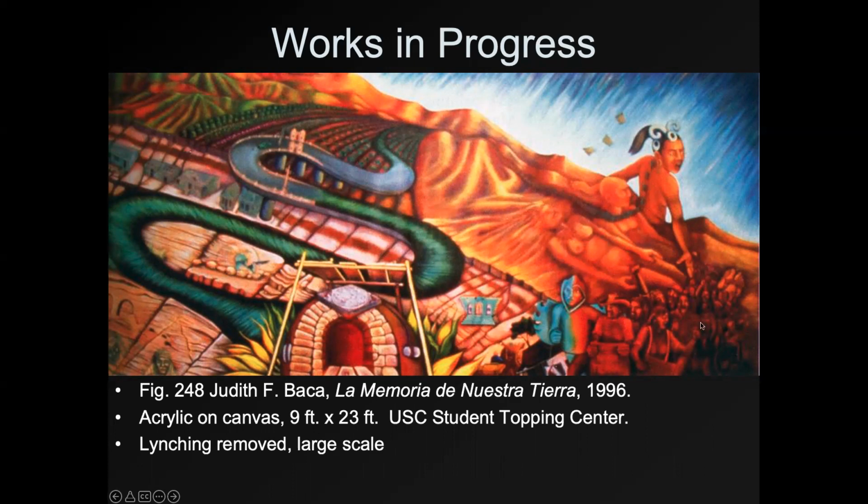But she was still able to include almost all of the other elements, including the graves, and still make a picture that told the story. So this picture you can see is 9 feet by 23 feet. A massive scale, to the point where some of these figures are human sized, and the ancient Aztecs are even larger than human size.